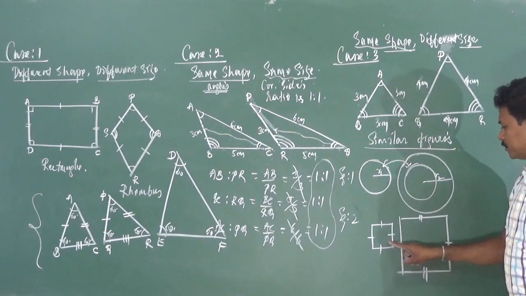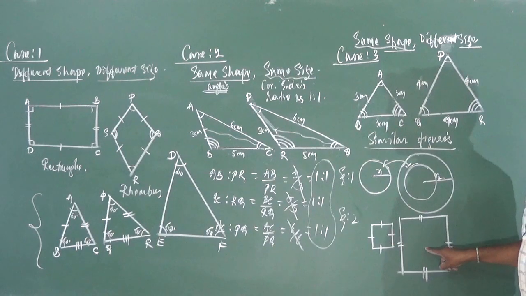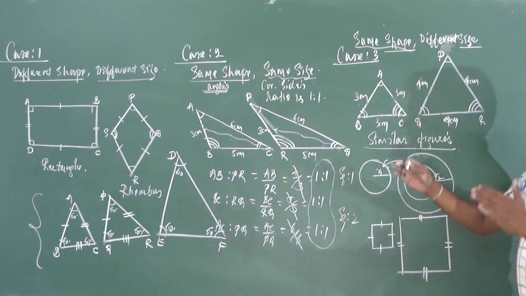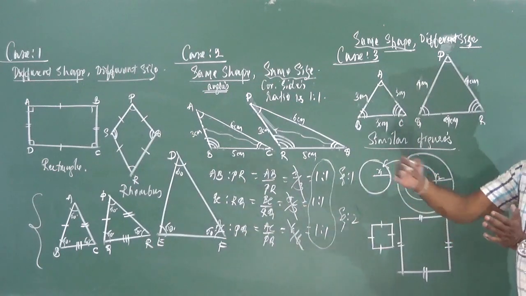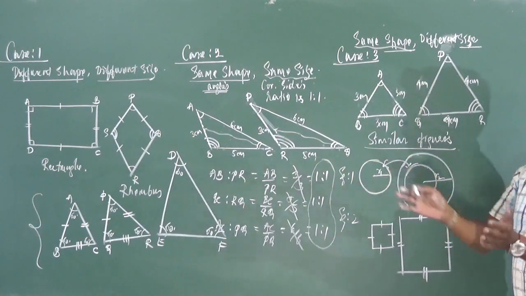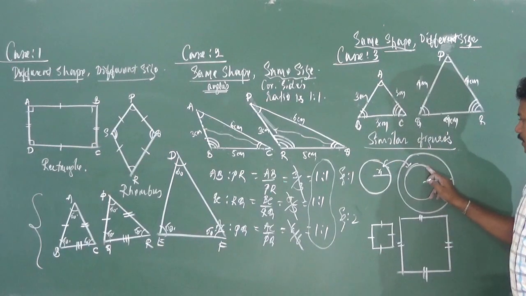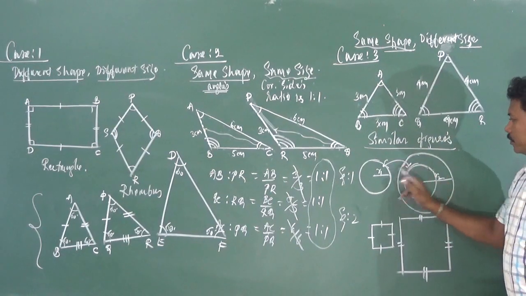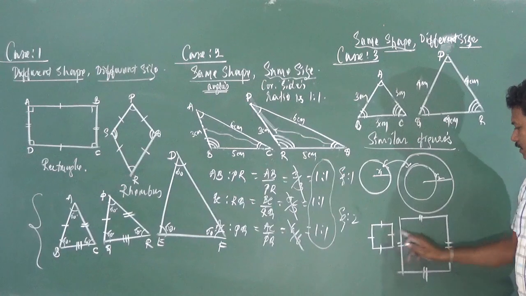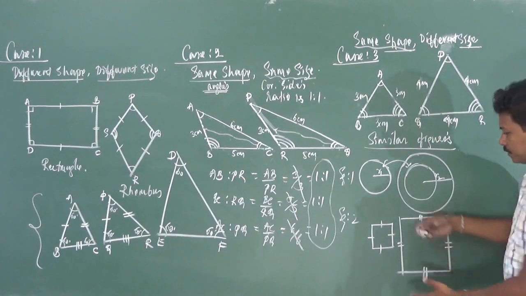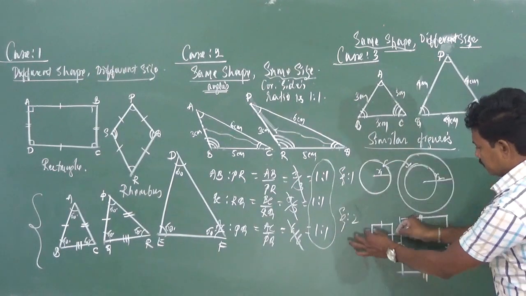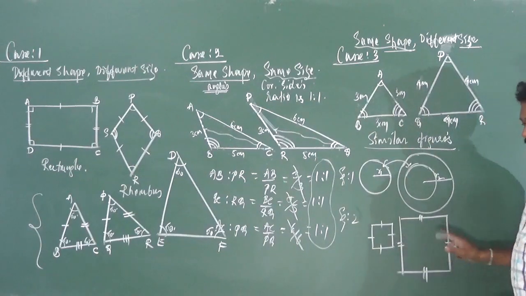Now I want to make this figure as this. So here what I did, I pressed it from all the sides. I applied force from all the sides and made it to this shape, equal to this. Now I want to make this as this. What is to be done? I will stretch it, and I will make it this way.